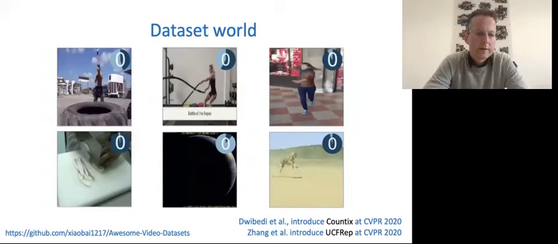And of course, what is needed is large data sets. So 2 data sets were proposed that year at CVPR. One is CountX by folks at DeepMind. And the other one is by Zhang et al., who introduced UCF-Rep as a sort of additional annotation on top of UCF 101.